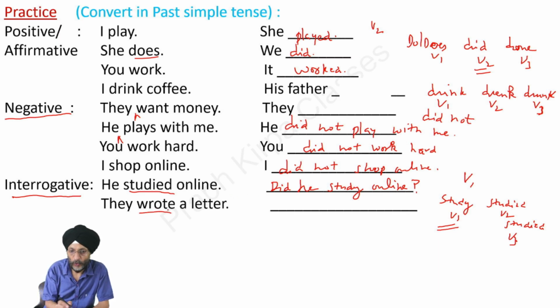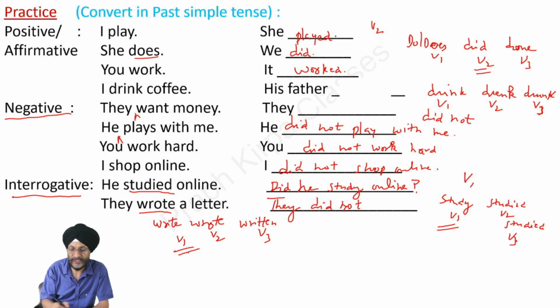Next is they wrote a letter. Here they did not. We have to use the first form of the verb, that is write becomes wrote, written. This is the first form, this is second, this is third.